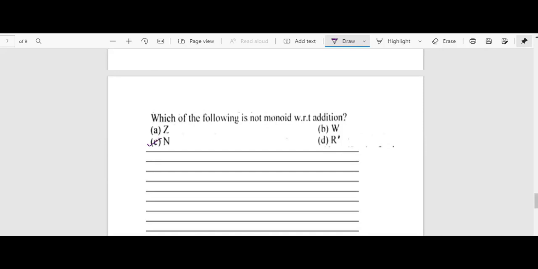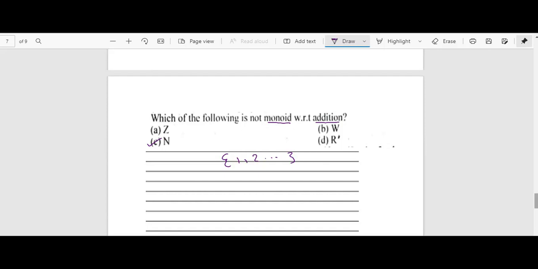So C is the answer, right? Addition means additive identity. The set of natural numbers begins with 1, 2, and so on. We do not have 0, we do not have negative integers. Since we do not have 0, which is the additive identity, the set of natural numbers is not a monoid, right? So C is the answer.